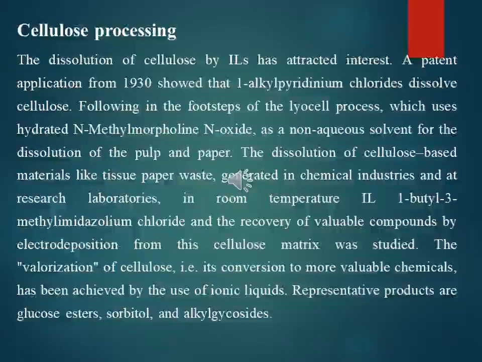The valorization of cellulose, that is its conversion into more valuable chemicals, has been achieved by the use of ionic liquids. Representative products are glucose esters, sorbitol, and alkyl glucosides.